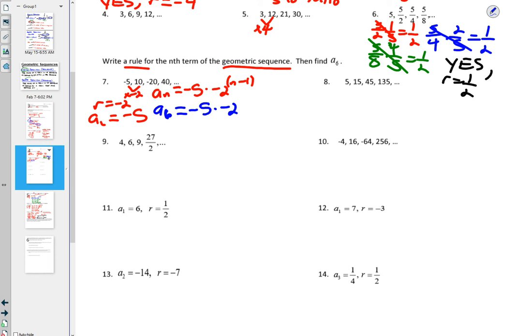Negative 5 times negative 2 to the power of 6 minus 1. Use your fingers. What is 6 minus 1? It is 5. So a sub 6 is negative 5 times negative 2 to the power 5. At this point, you can do this in several steps if you want, or you can just do it in the calculator in one step.